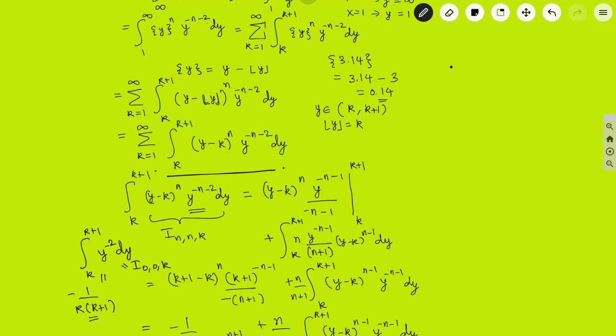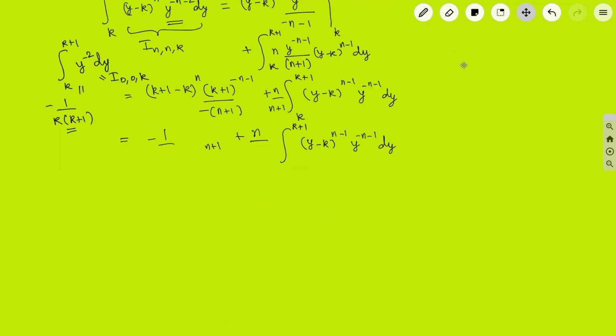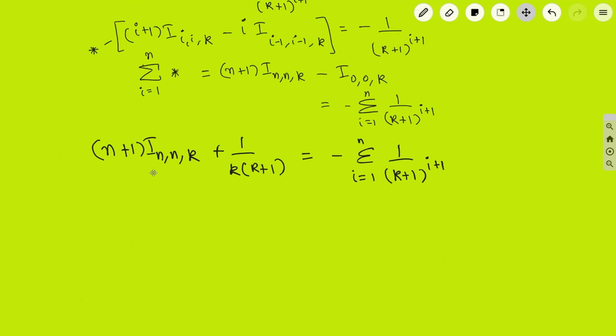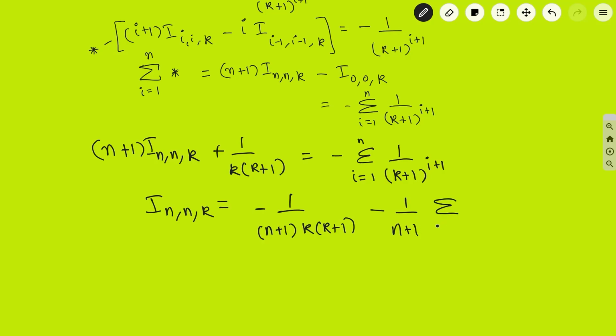And what you have is this I_{n,n,k}. You have a nice looking formula, so let me write it down. I_{n,n,k} is minus 1 by (n+1) k(k+1), minus 1 by (n+1), summation i from 1 to n, 1 by (k+1) to the power i plus 1.